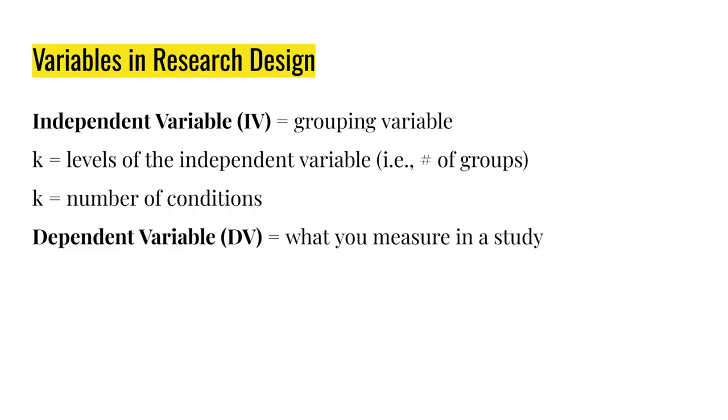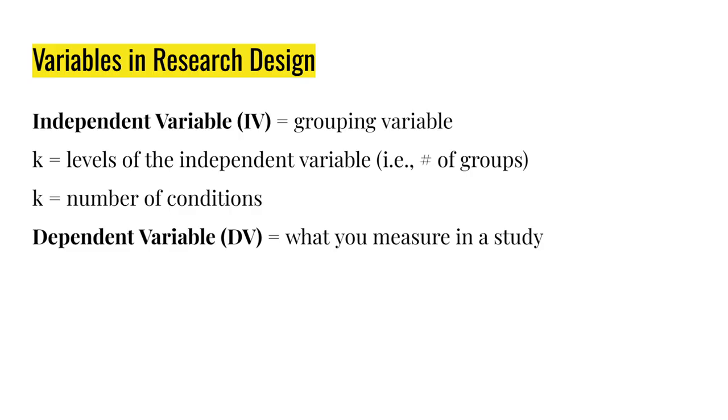So if we're going back to the last example where we randomly assign third graders to no extra reading outside of reading class, 30 minutes of reading out loud, or reading 30 minutes silently in addition to what they're doing in reading class, our dependent variable might be how many words per minute third graders can read, or reading comprehension levels. So our dependent variable is whatever we're measuring.